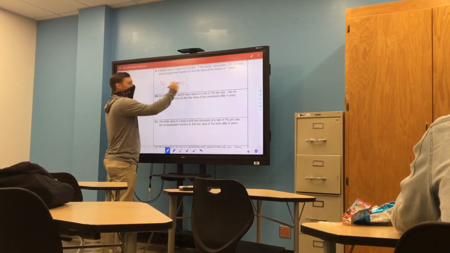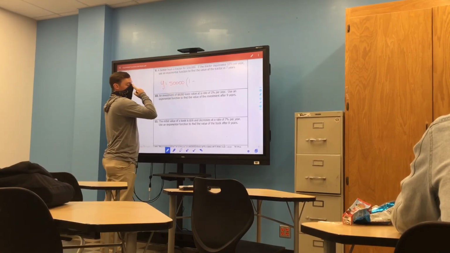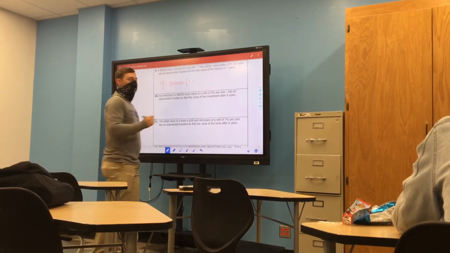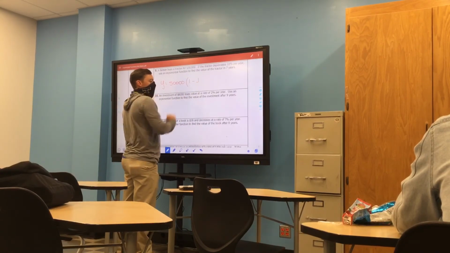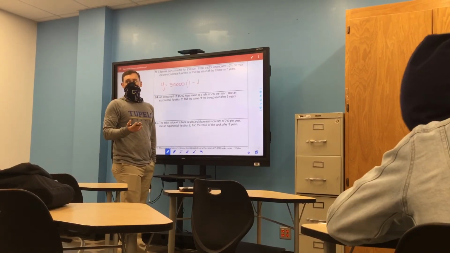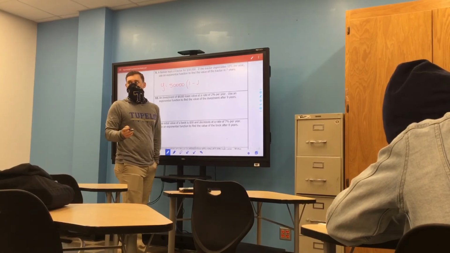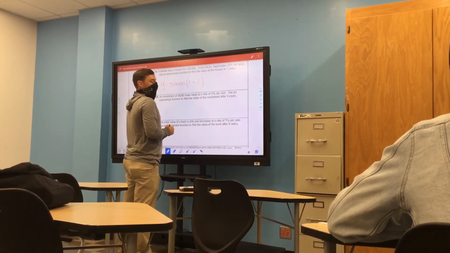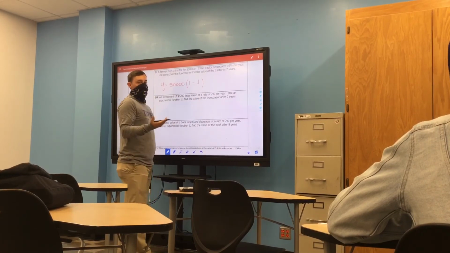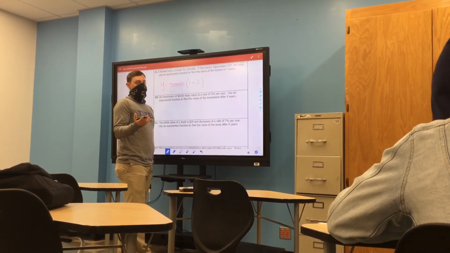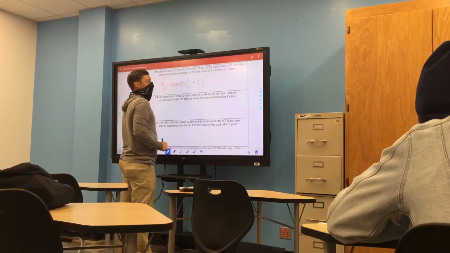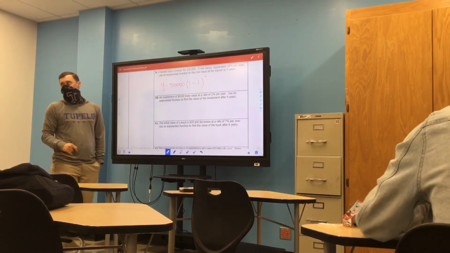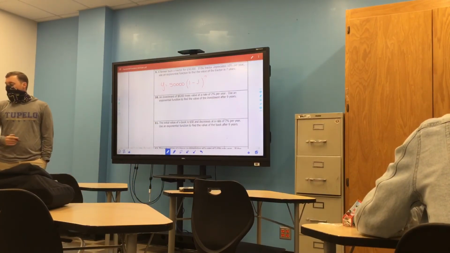We've got 1 minus, what's my rate? 0.1. It's not necessary to do 0.10, but if you put the 0 after, it's not going to hurt anything. And then here it is raised to the 7th power. What is the value of that tractor?